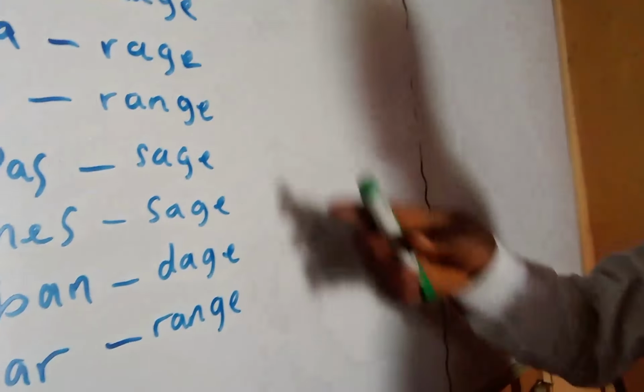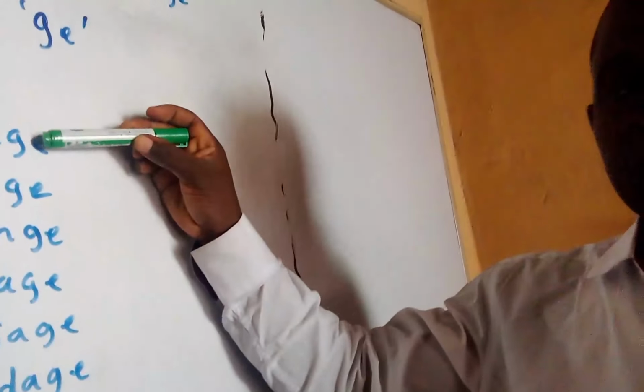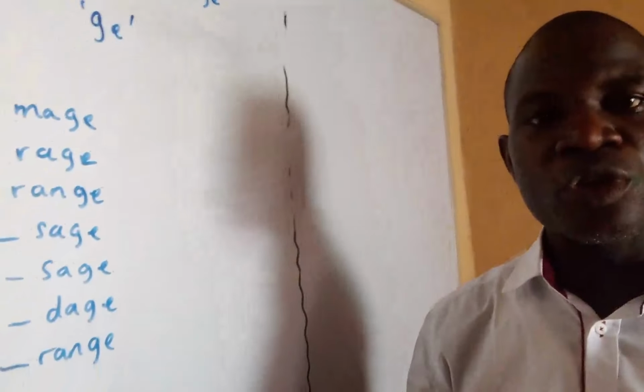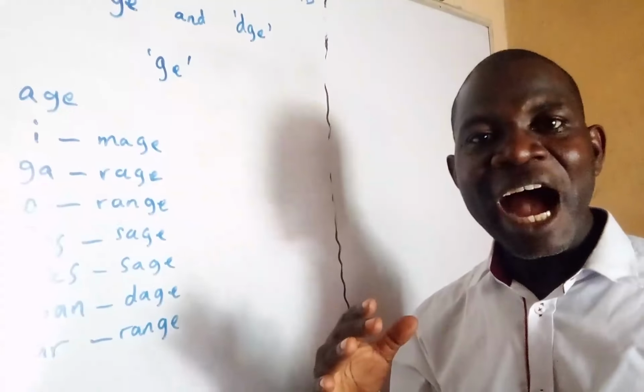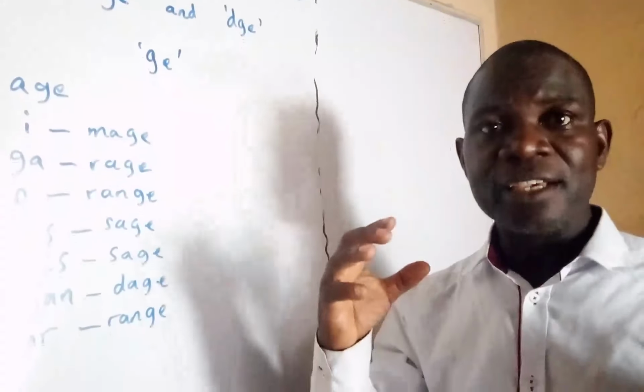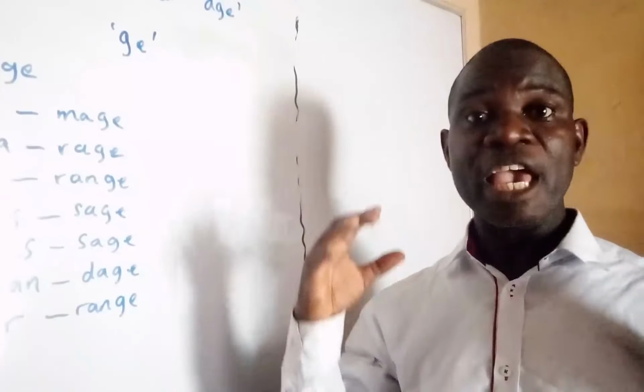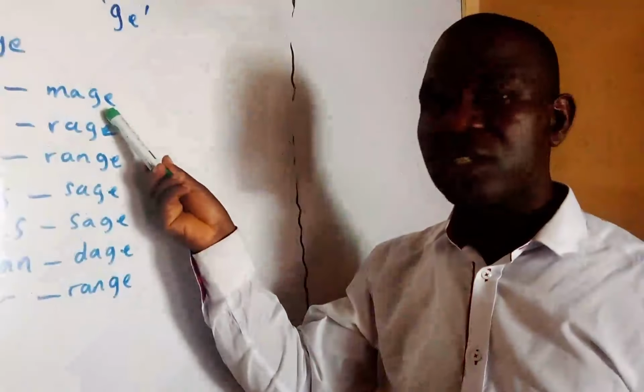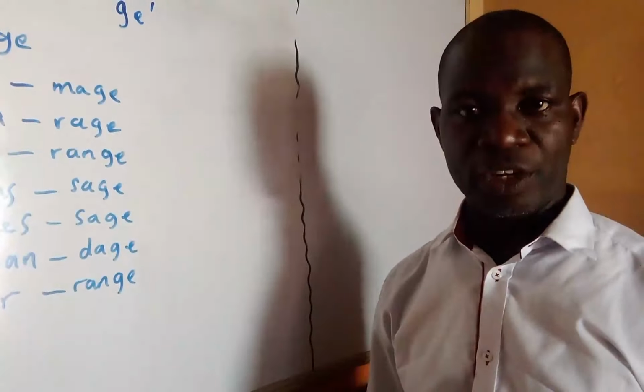Now, what makes us achieve the GE is because we've had retain A. Whenever you hear A, you use the sound GE.